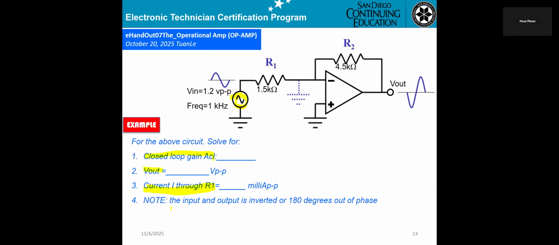Note, the input to output is inverting, or 180 degrees out of phase. So that's why you can see this is the input here, and the output will be opposite.